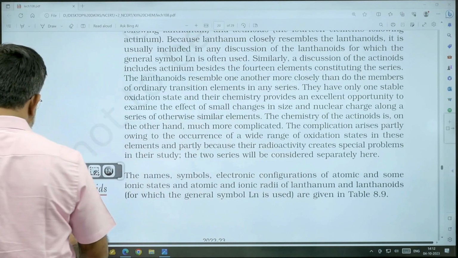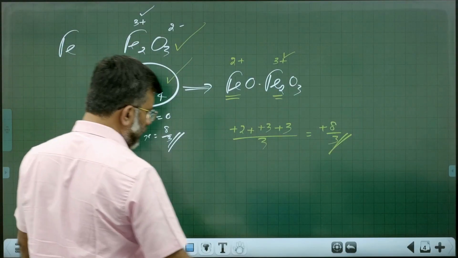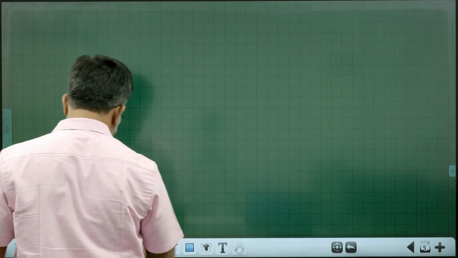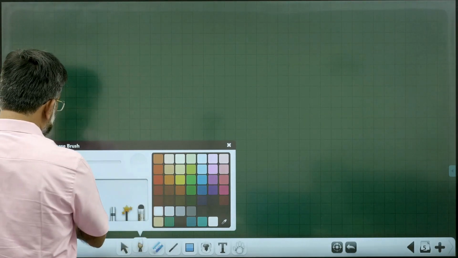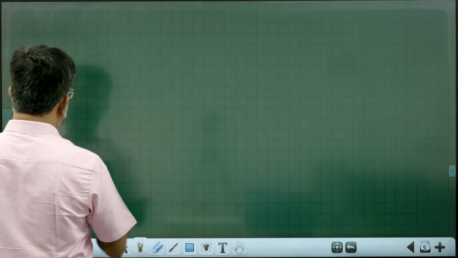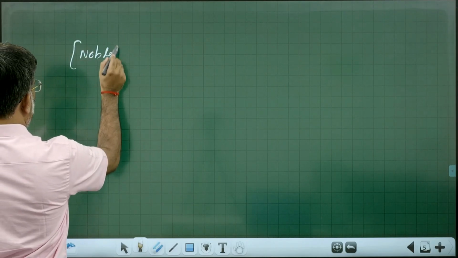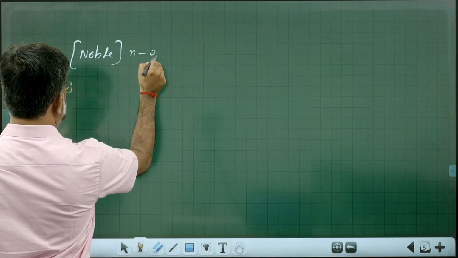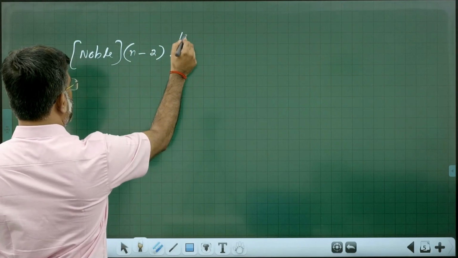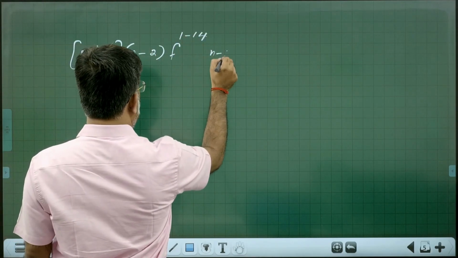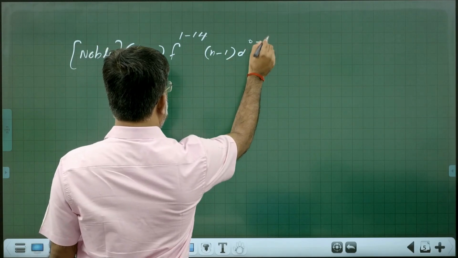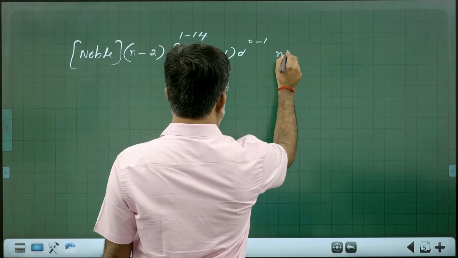As all of you know, the electronic configuration of the inner transition elements is a noble gas core, (n-2)f 1 to 14, (n-1)d 0 or 1, ns2.